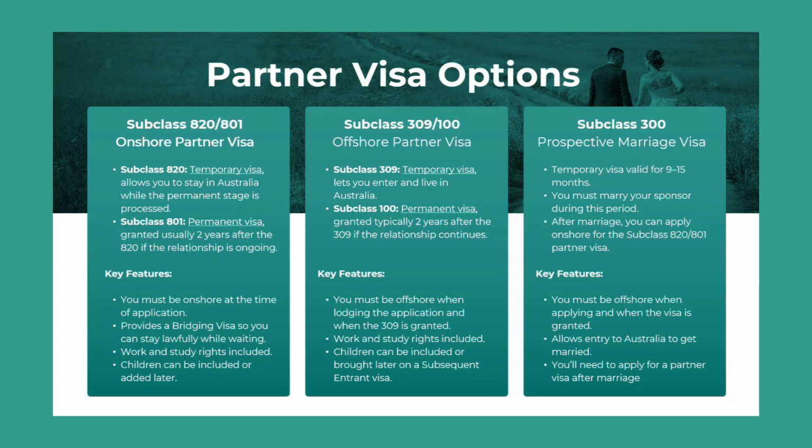And the second thing is that at least you've met each other in person. So you can't just apply for a prospective marriage visa if both of you haven't met each other, like the sponsor and the applicant. So once you've met each other, then you can reach out to us, and then we can assess your case, and then apply for a prospective marriage visa.